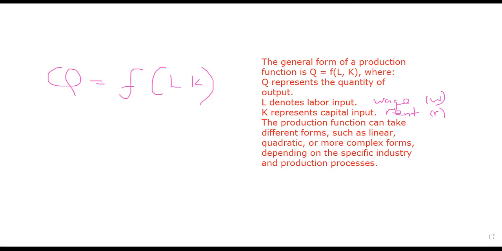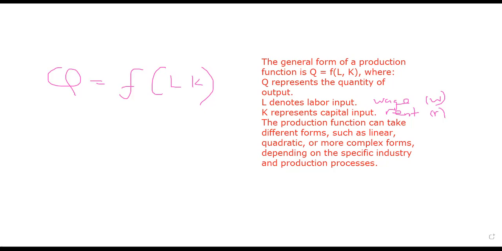We also look at production in the short run. So production in the short run simply refers to the process when at least one input is fixed, which is usually capital, and only one input is varied, which is usually labor. So this is what happens in the short run.